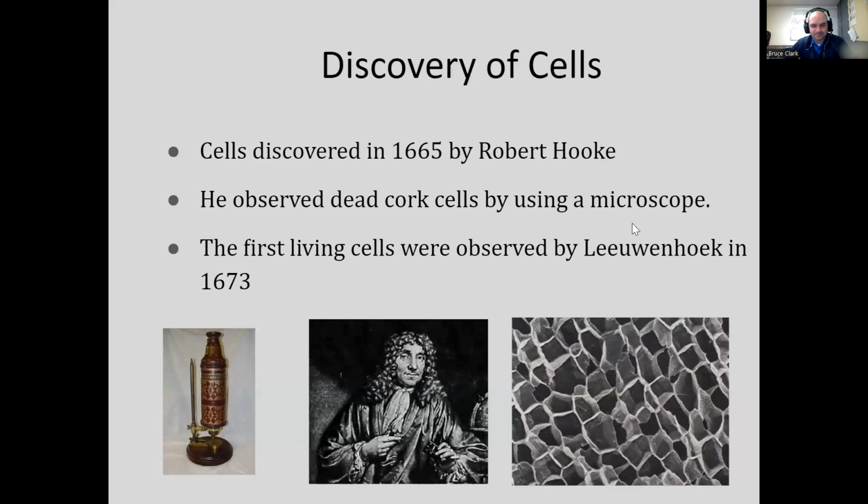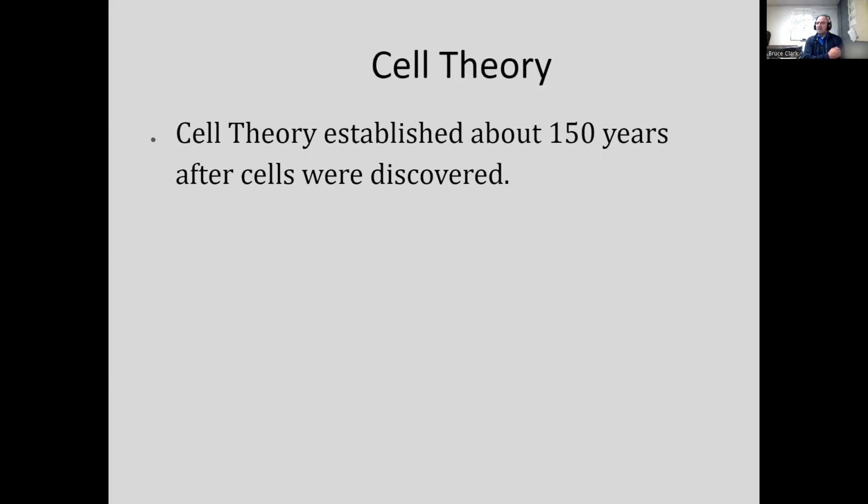So there's the discovery of cells. Like I said, it is interesting. It's very sloppy. There's a video in the notes that goes through it. There are about 5 or 6 different names in there that were involved in the study, and over the course of about 150 years, finally we come up with this idea of a cell theory.